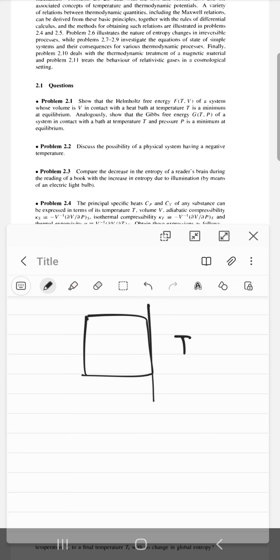We know that the entropy never decreases, so that will show that this is the equilibrium position. You cannot move to a position that is better than this.